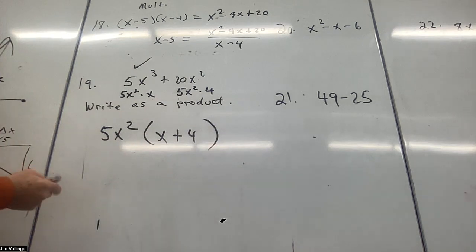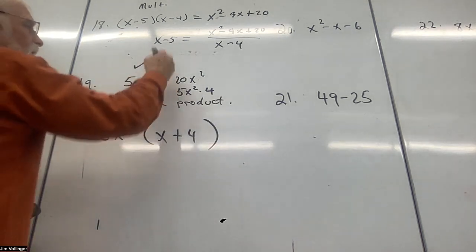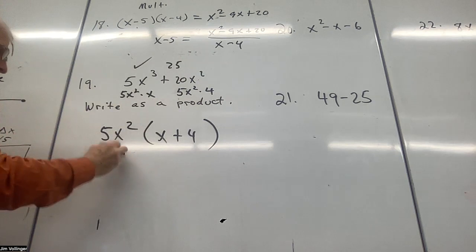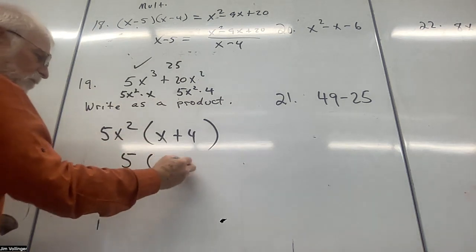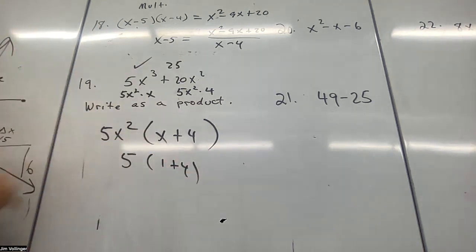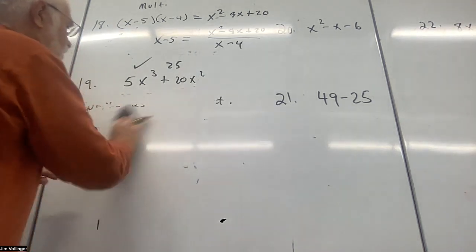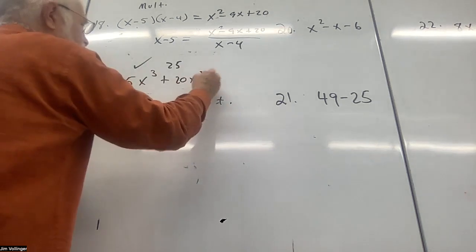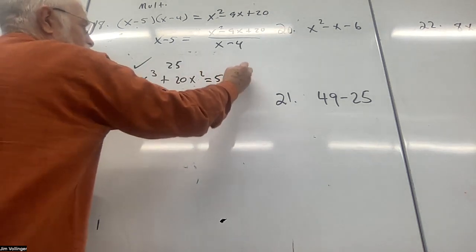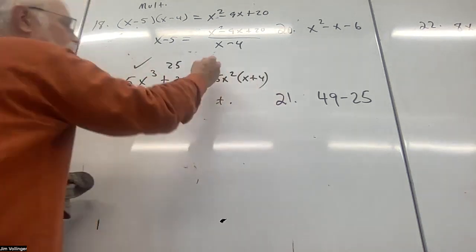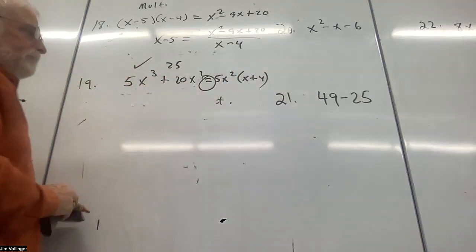And again, let's put the number 1 in. You put 1 in, this is 25. That's 5 times 1 plus 4, 5 times 5, 25. Yes, I can make that statement. Yes, I can say that this is equal to 5x squared times x plus 4. I think I may write it that way.